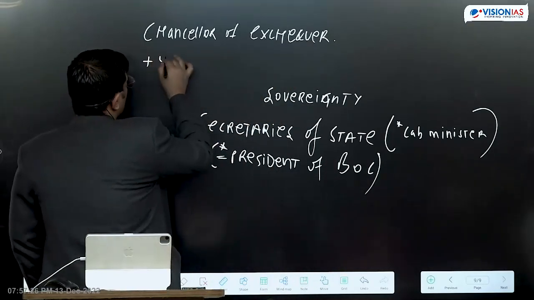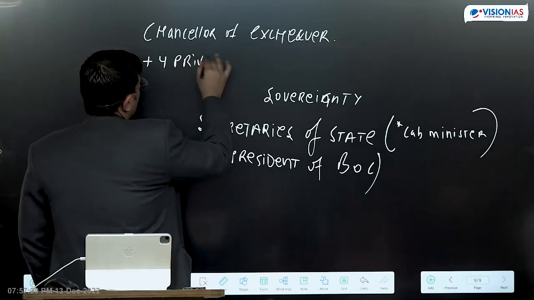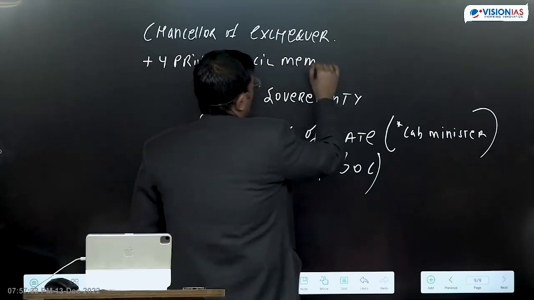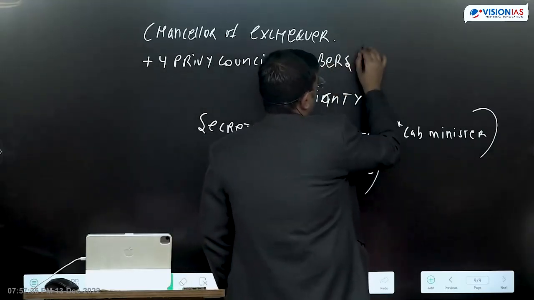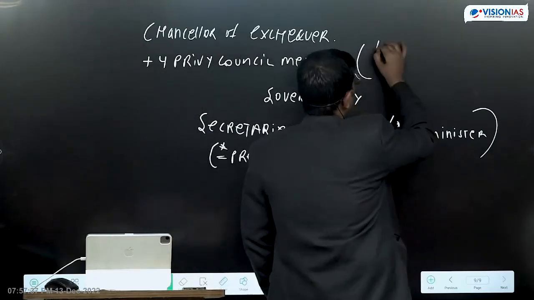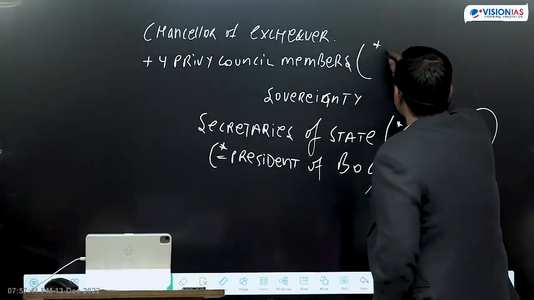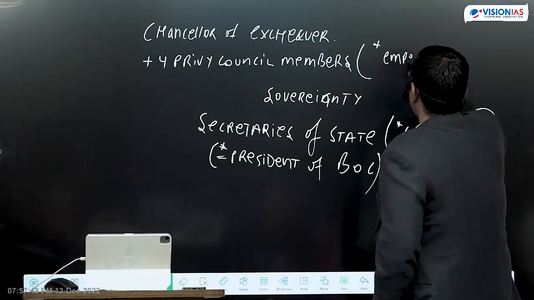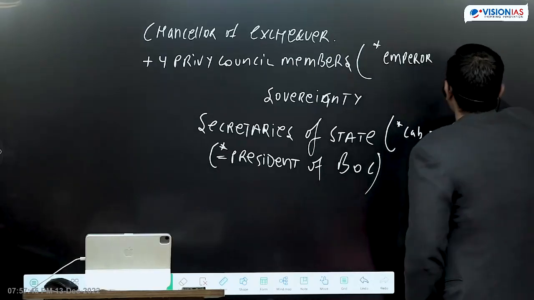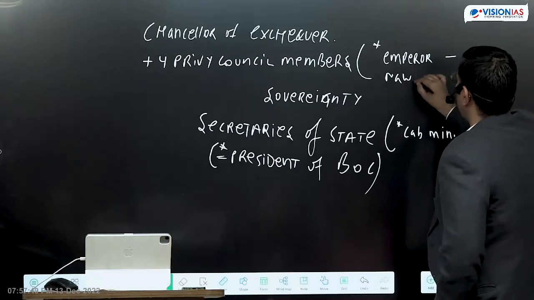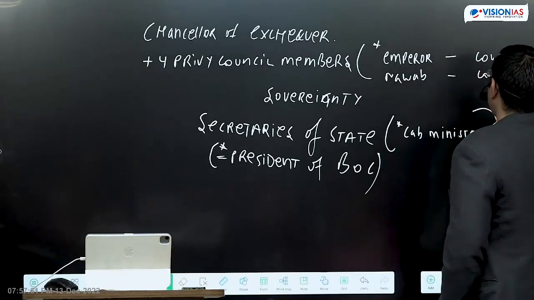Plus 4 Privy Council members. So what is a Privy Council? It is basically like in India, for example, an emperor had a court. Similarly, a Nawab had a court.